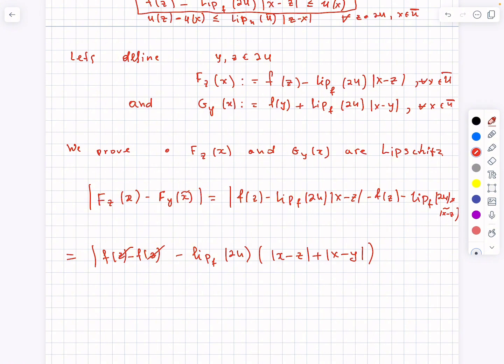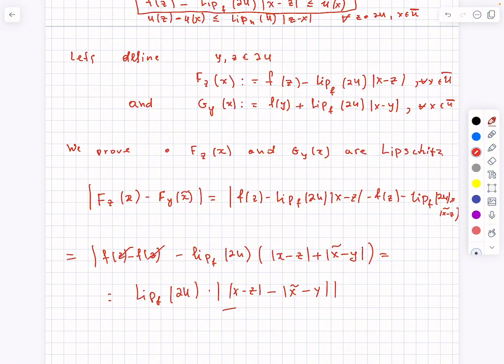Here x and x prime. And this is equal to Lip(f, ∂U) times ||x - z| - |x' - z||.